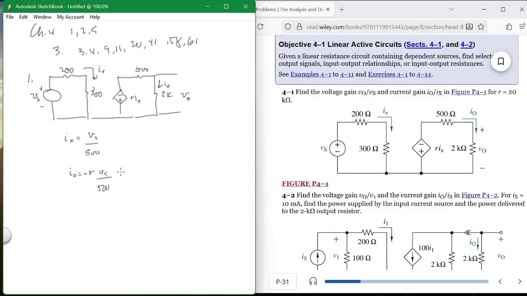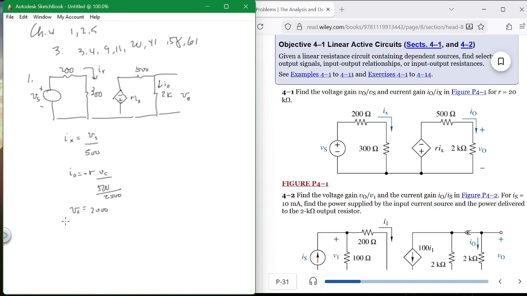That's my Io. The whole thing is divided by 2,500. Is that right?